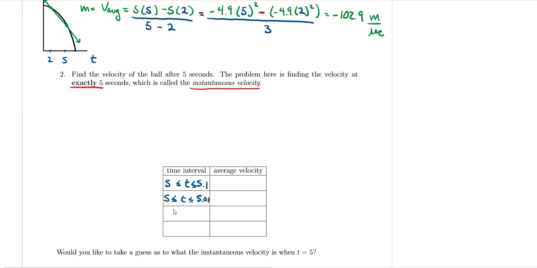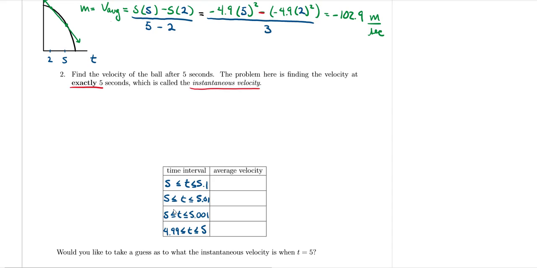Now for good measure, let's also do the average velocity between 5 and 5.001 seconds. And out of curiosity, let's do another time interval that's close to 5, between 4.99 and 5 seconds. So what would be those average velocities?